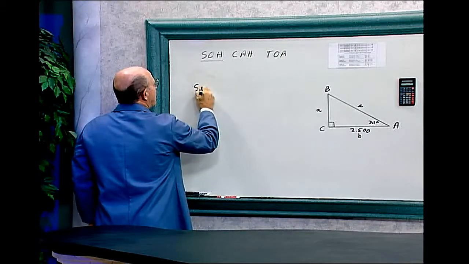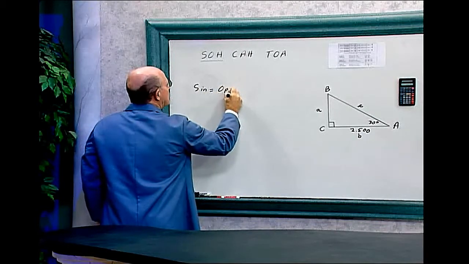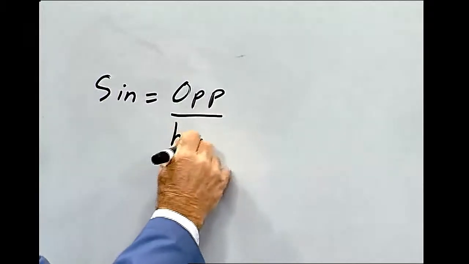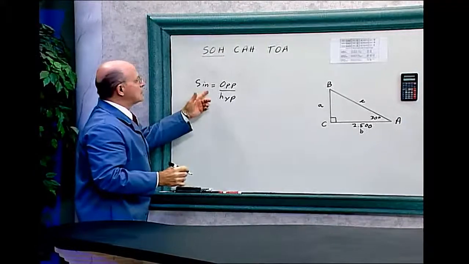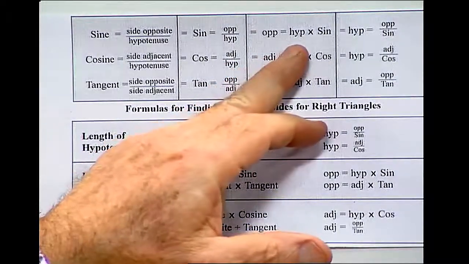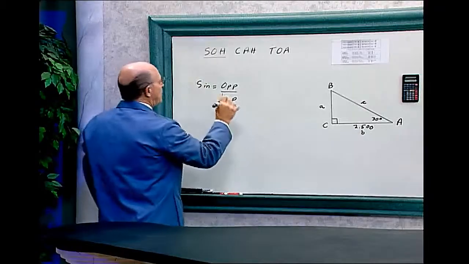And that's sine equals opposite divided by the hypotenuse. Now we want to isolate, we want to get this formula over here: opposite equals hypotenuse times sine. So we want to find opposite.